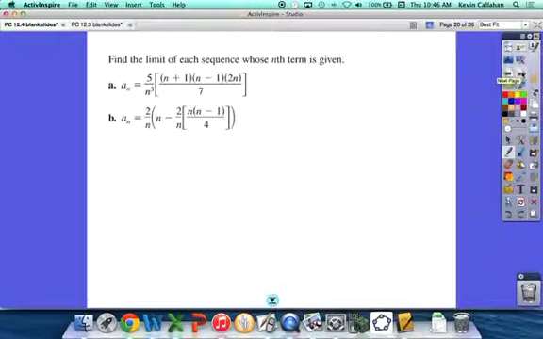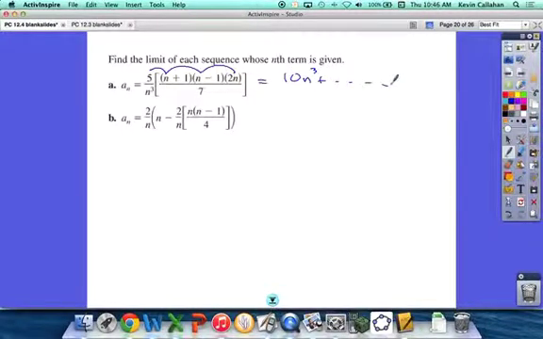All right, so let's try the same thing here. The first one is going to work exactly like the one we just did, right? What is going to be the highest power term in the numerator? 2n times n times n times 5. What is all of that? It's 10n to the third.